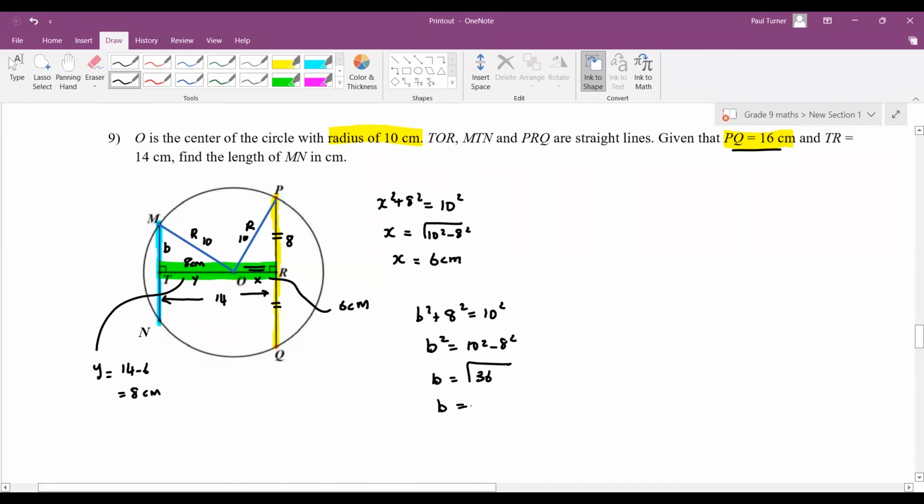So B will be 6 cm. So MT is 6. Therefore, MN will be equal to 12 cm. And that's your final answer there.